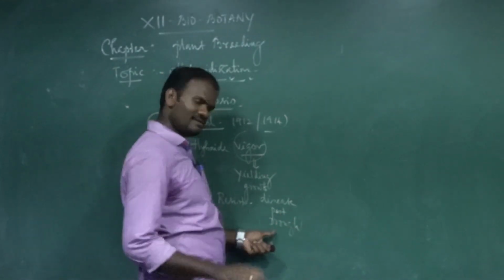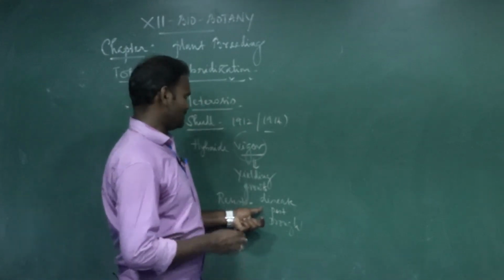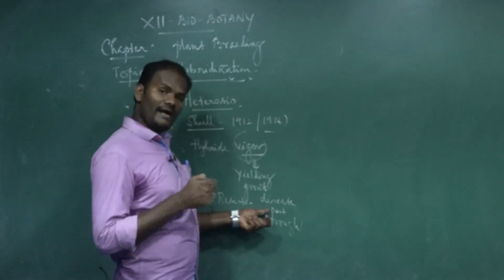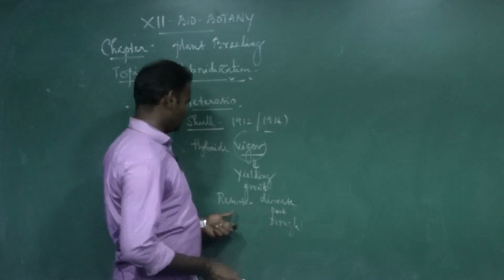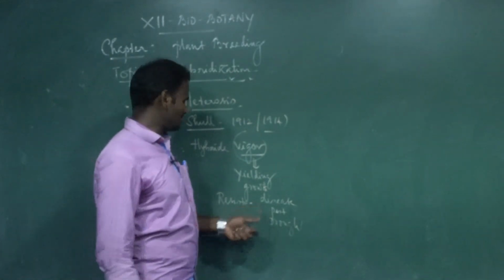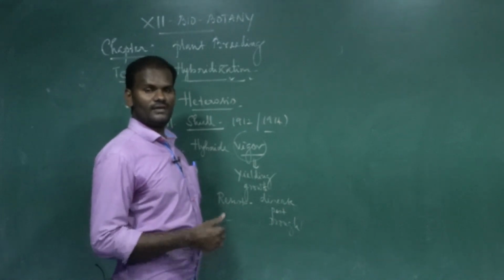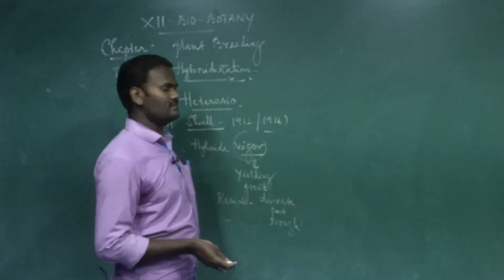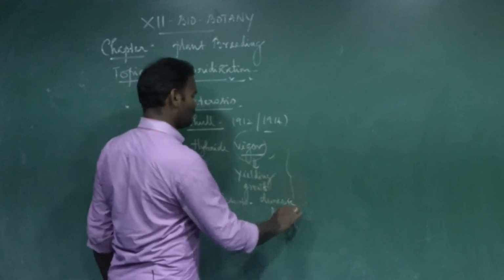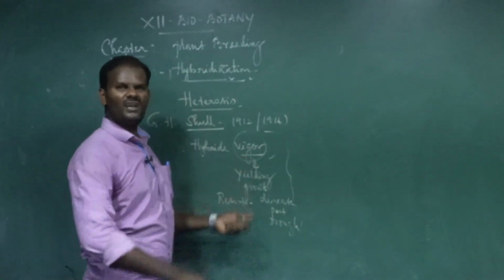They can tolerate drought, resist specific diseases, and no one pest can attack them. These are the resistance characters, and also very good adaptability. So these are the characters that refer to vigor or potentiality.